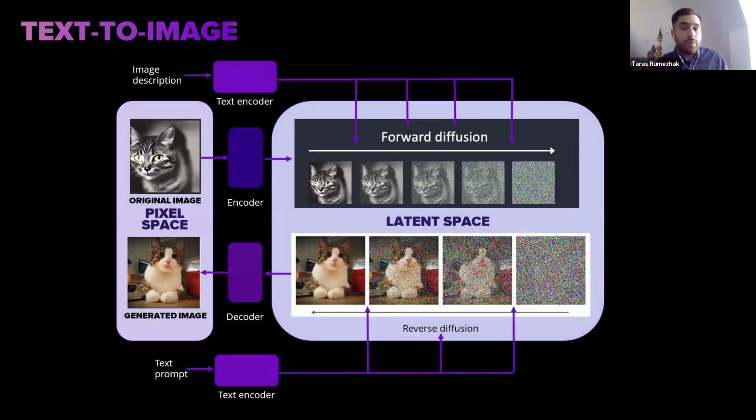So here is the modified version of the image that you saw already. Here as well, forward and reverse or backward diffusion, but we have the image description and text encoder. The same we have during training, we have it as well for the decoder, because the noise predictor learns in both ways. So here is just a small modification to add the additional information to the noise predictor on each step of forward and backward diffusion.